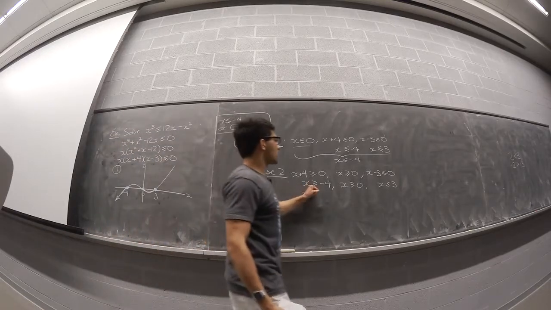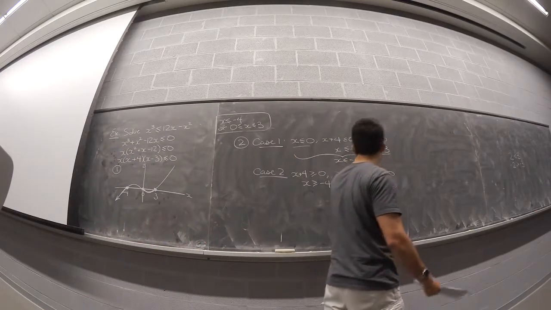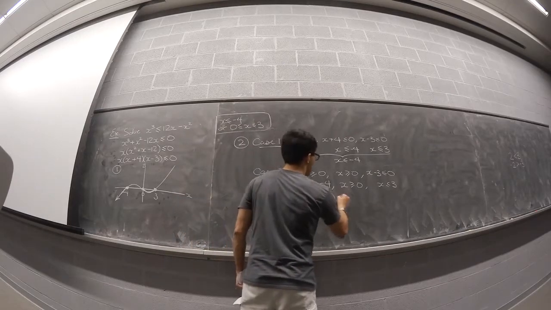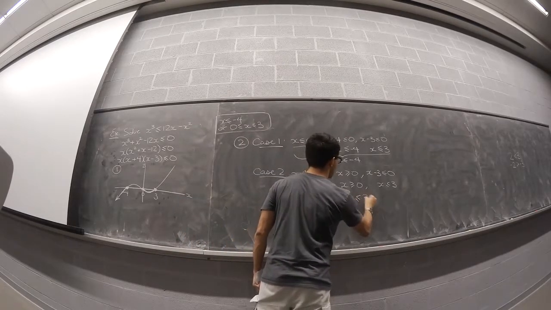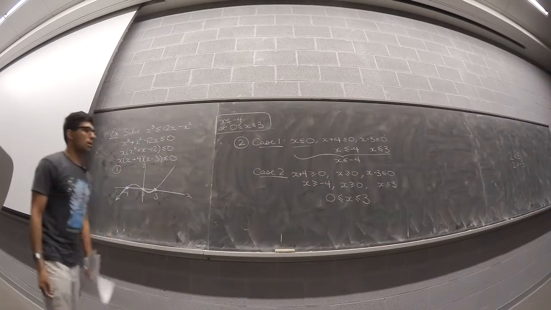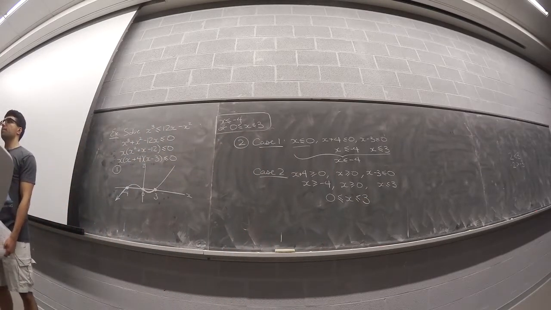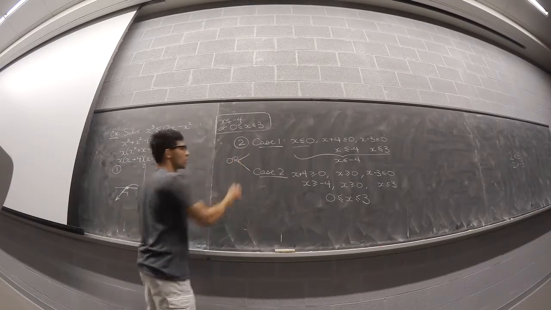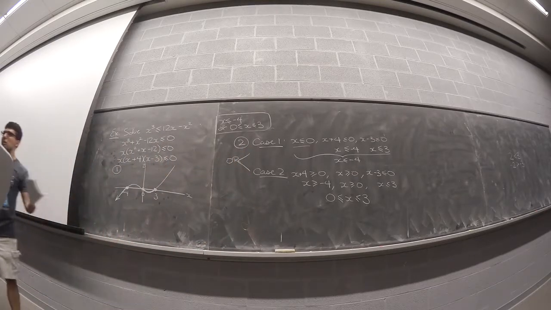Greater than or equal to minus 4, greater than or equal to 0, and less than or equal to 3 is the same as x is between 0 and 3 inclusive. Ta-da! Good? You could do that. Whether you really want to be doing that is another question.